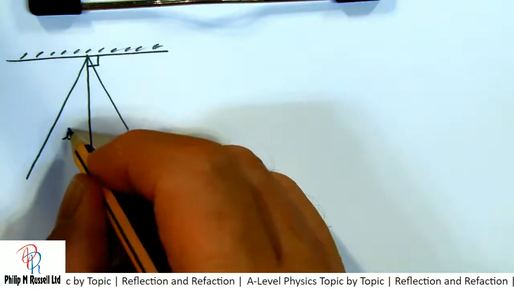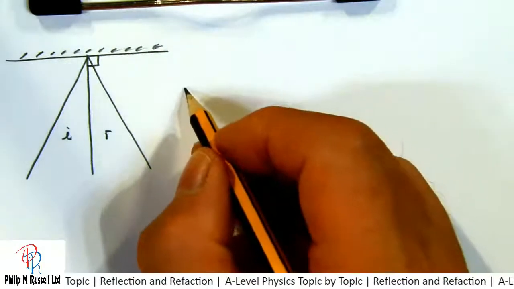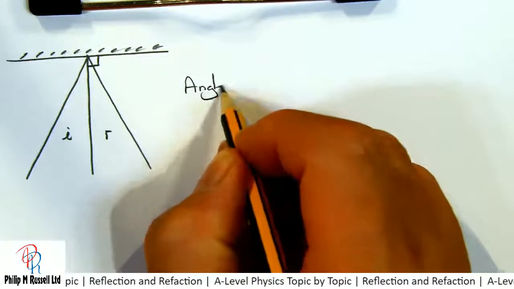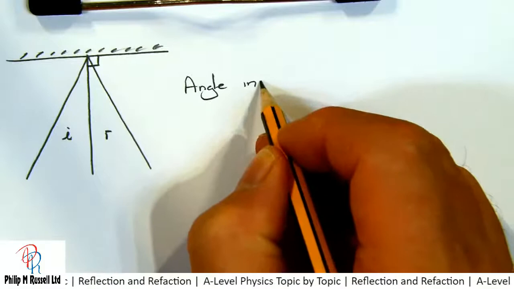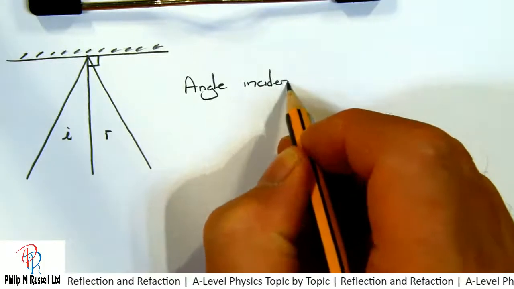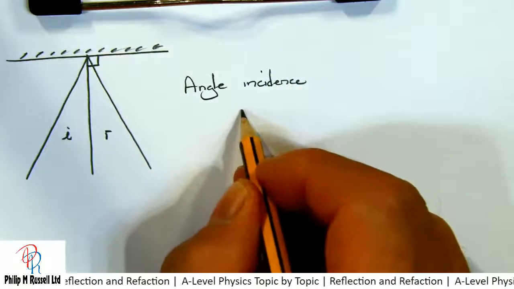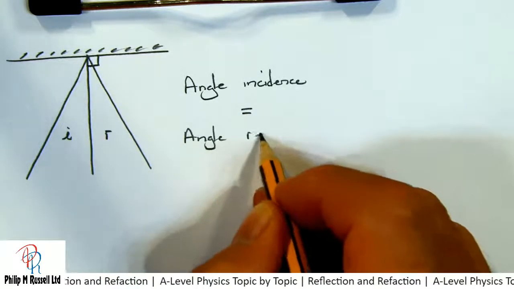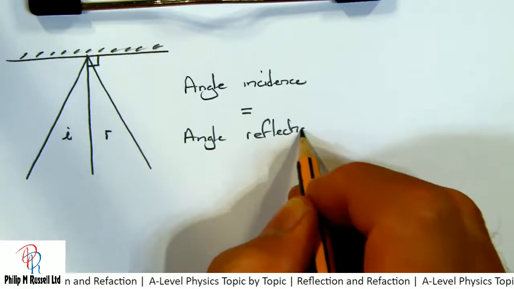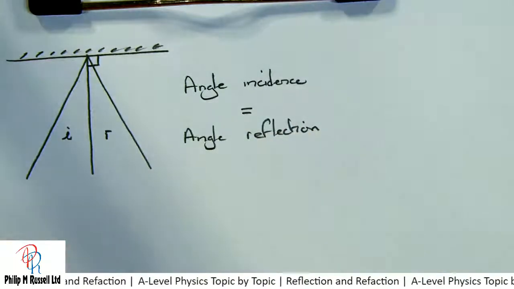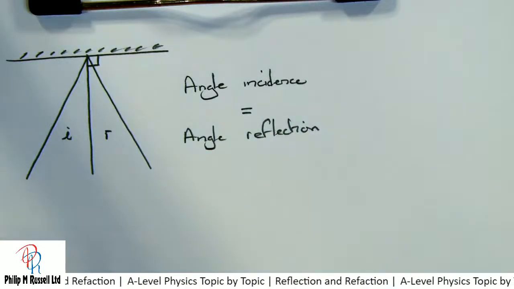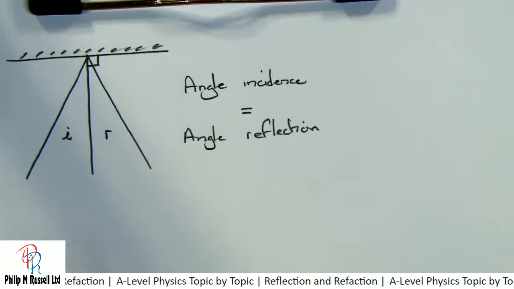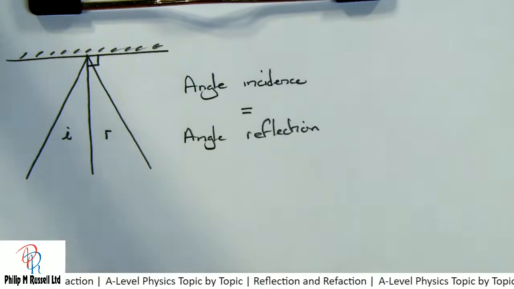The angle in, which we call the incidence, equals the angle of reflection.